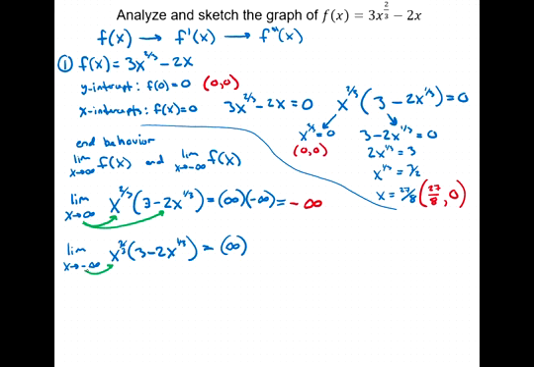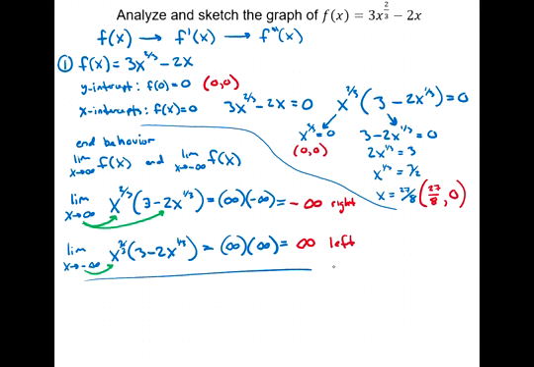And when we take very, very large values to the 1/3 power, the cube root of a large negative number is still a large negative number. Because we have a minus sign here, it's minus a minus infinity, or positive infinity. So an infinitely large positive number times an infinitely large positive number will be another infinitely large positive number. So on the right, the graph is going to negative infinity. On the left, the graph is going to positive infinity.